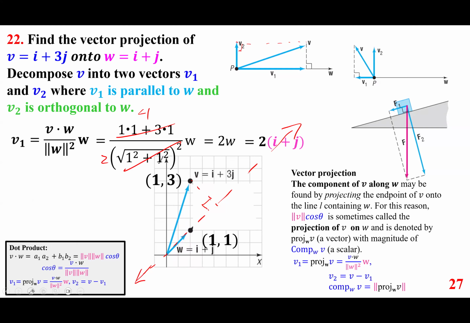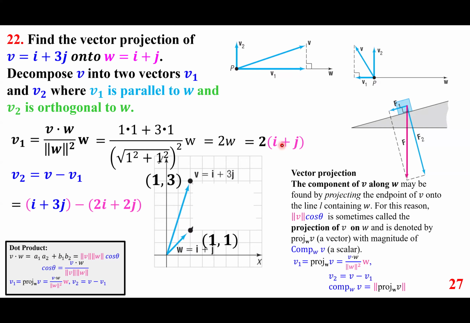So let me erase my work so you can see that. It's very straightforward, everybody. I hope everybody is fine with that. All right, so having said that, V2 is the difference of the two. So i plus 3j minus 2i and 2j.